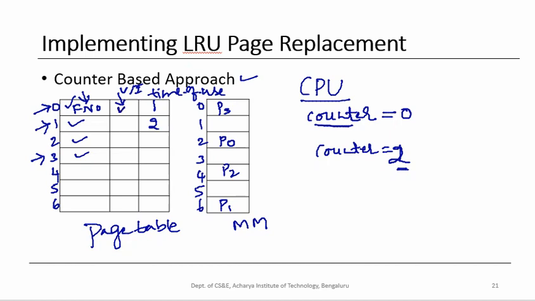I forgot to write here: these bits will have V, V, V because they are all there in the main memory, and these bits will be I because these pages are not present in the main memory. Now when 3 is referenced, the value of the counter becomes 3 and that is stored here.